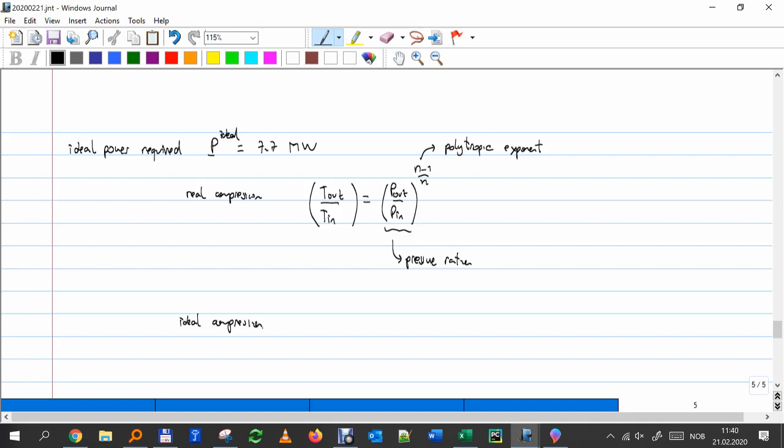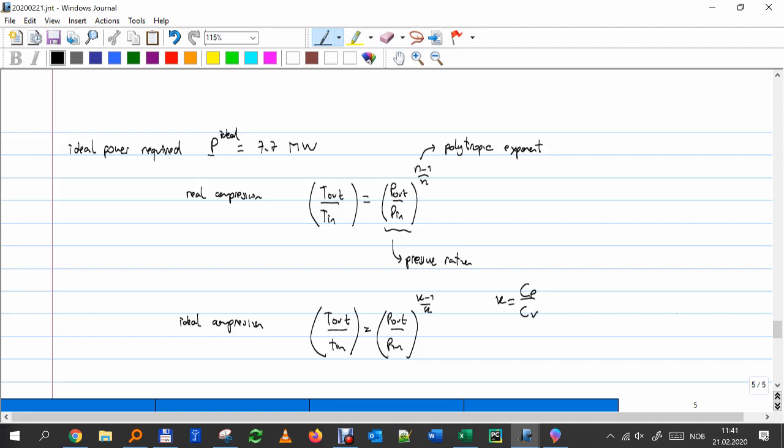is actually using, you can use the chart, but you can also use this equation: K minus 1 divided by K, and K is the ratio between this thermodynamic property, the specific heat at constant pressure, divided by the specific heat at constant volume.